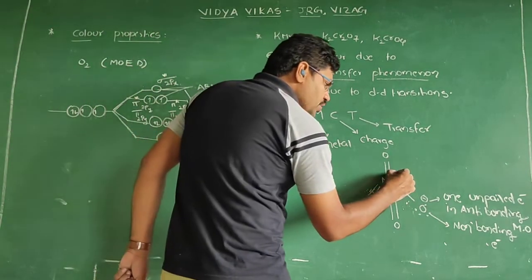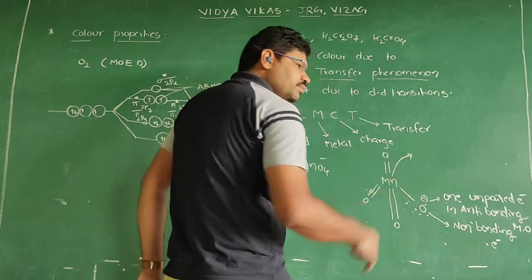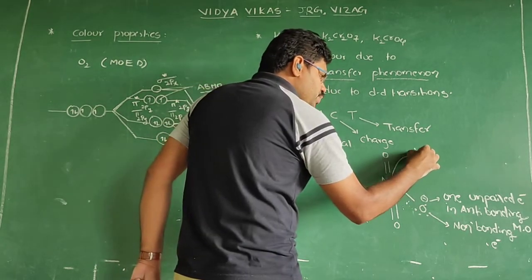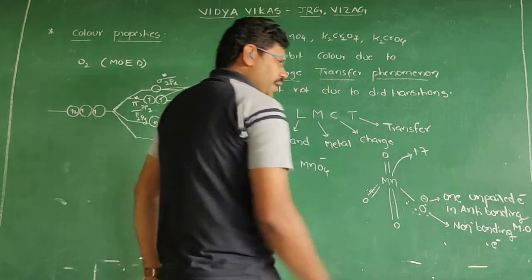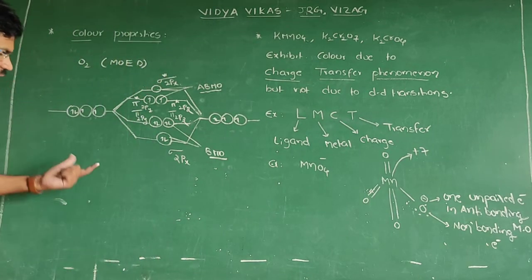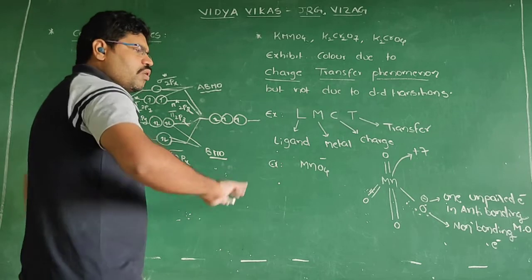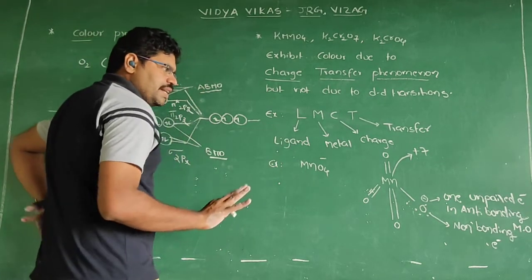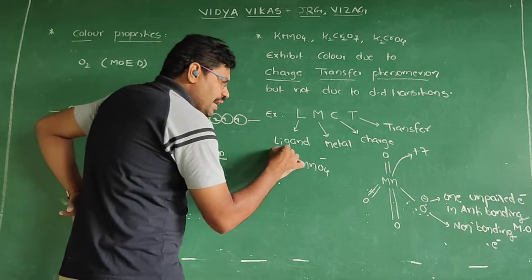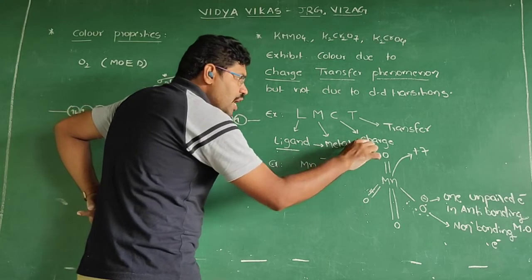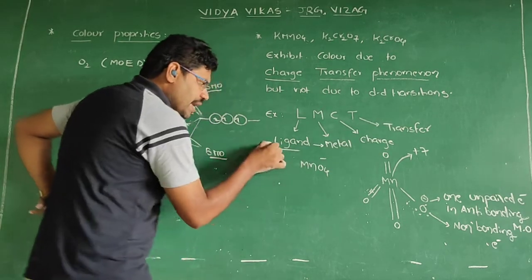What about the manganese oxidation state here, sir? The manganese oxidation state is absolutely plus 7, no doubt here, because we already calculated that the manganese oxidation state is plus 7. Sir, what is going on here? Students, you just look at that. Ligand to metal charge transfer. What is a ligand, sir?